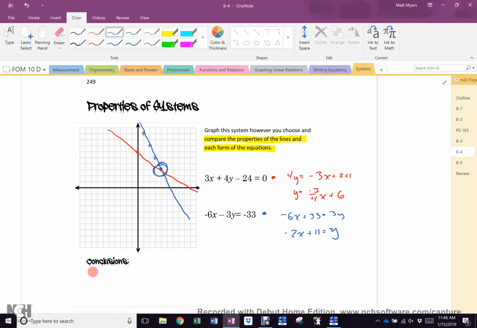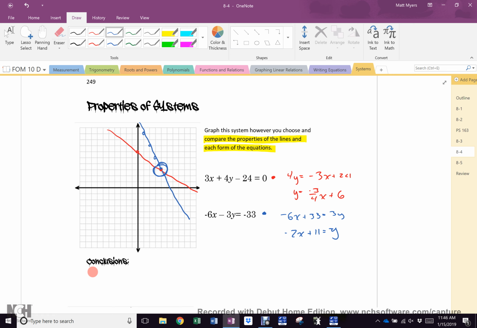It has a y-intercept of 11. A slope of -2. Excellent. What can you tell me about the red line? It has a slope of -3/4 and a y-intercept of 6.